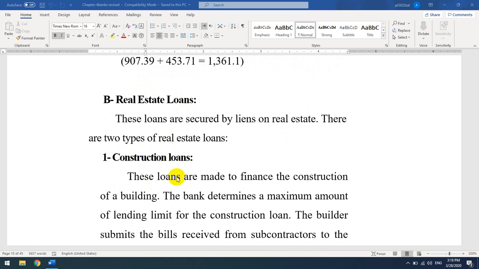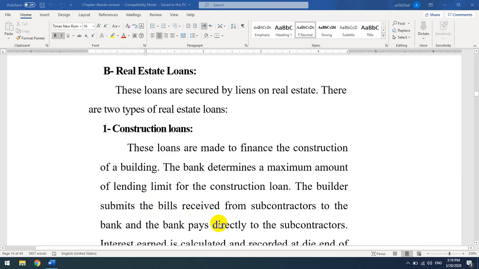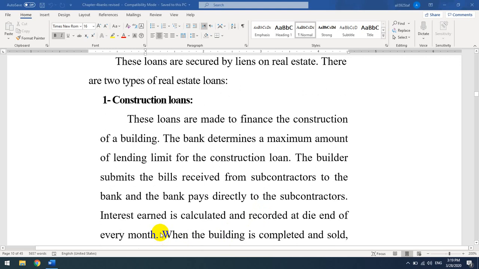Construction loans are made to finance construction of a building. In this case, the bank determines a maximum amount of lending limit for the construction loan. The builder submits bills received from some subcontractors to the bank, and the bank pays directly to the subcontractors.